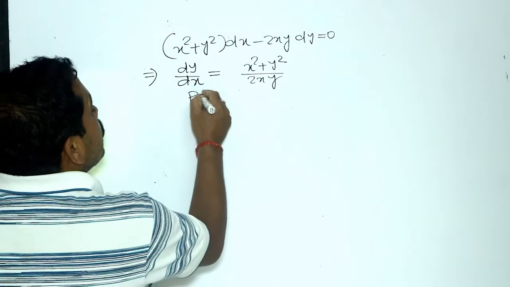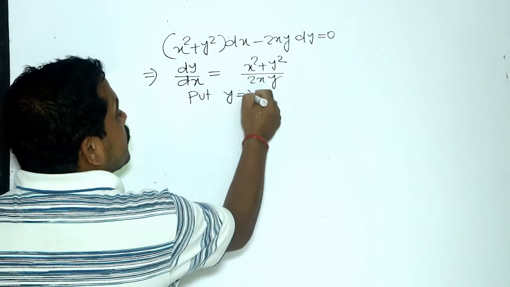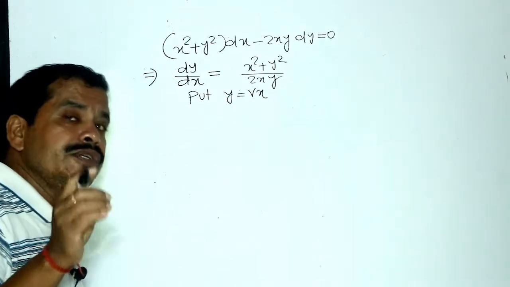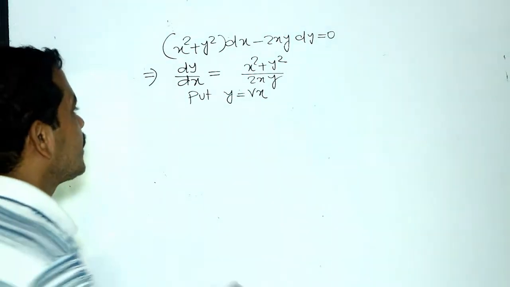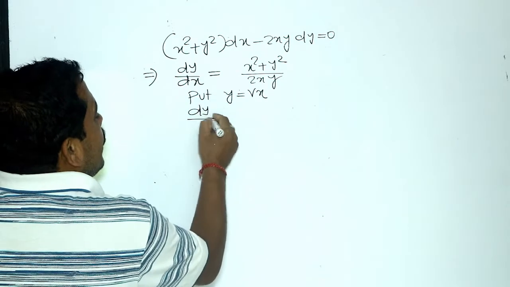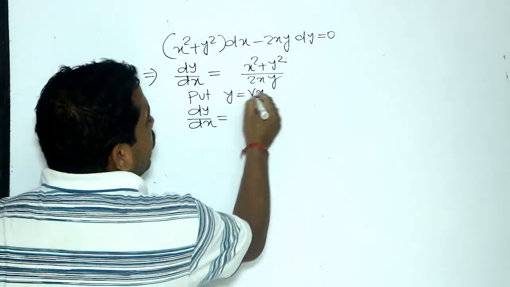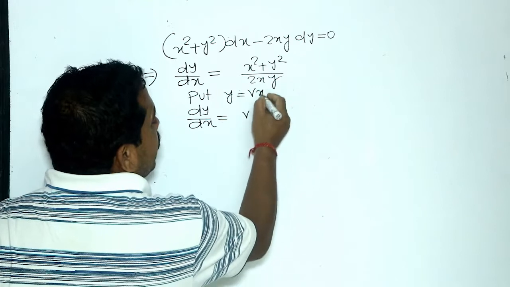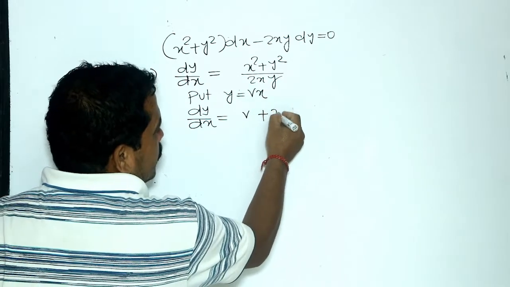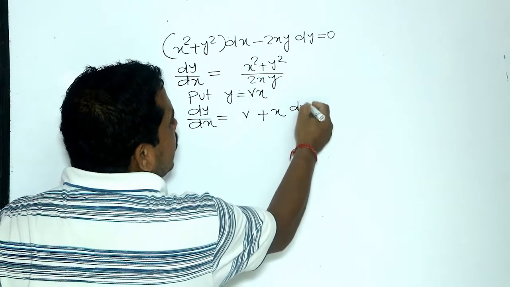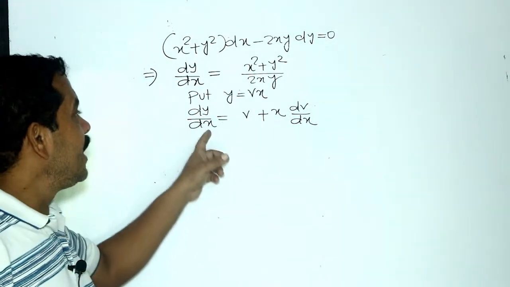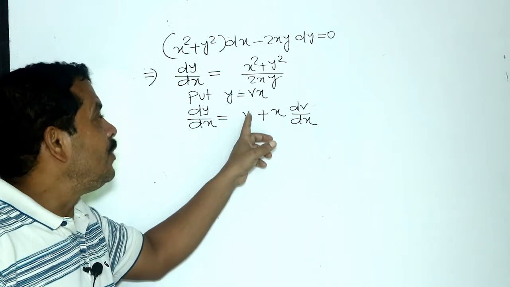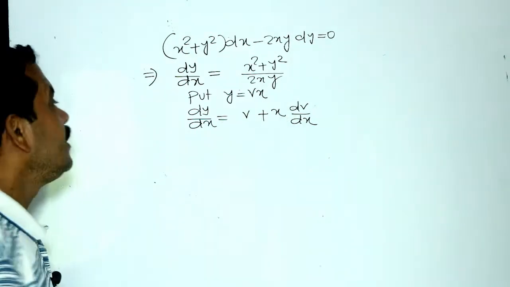Then you put y = vx. Always for a homogeneous differential equation you have to put y = vx. Then dy/dx, by the product rule, is v times the derivative of x, which is 1, plus x times the derivative of v, dv/dx. Instead of dy/dx we write v + x dv/dx.